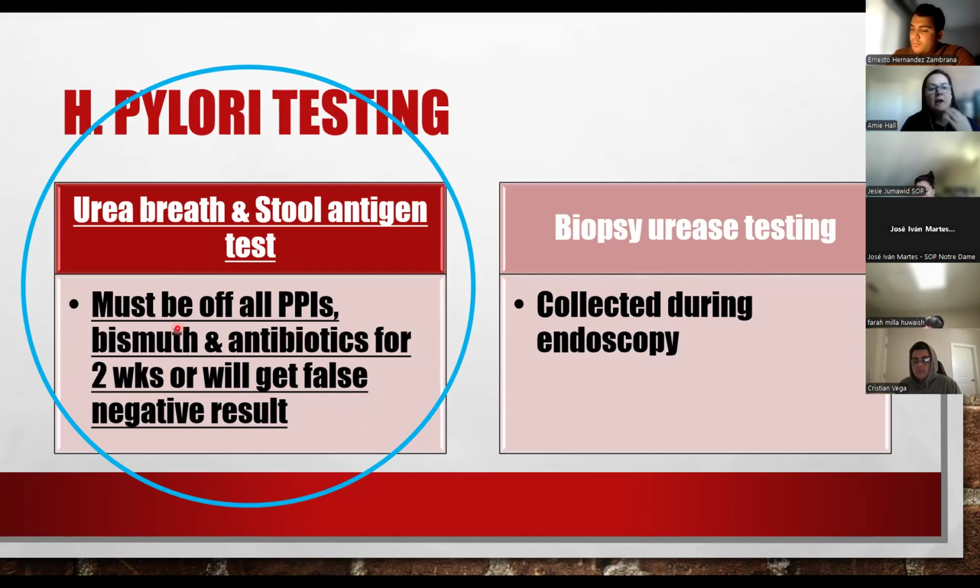So when we're getting ready to order or recommend these tests, we need to make sure that the patients have been off those drugs. If the patient has not been off of those, then we need to use a biopsy urease testing. So we go down the throat during an endoscopy, pull a piece of tissue and do the testing there.